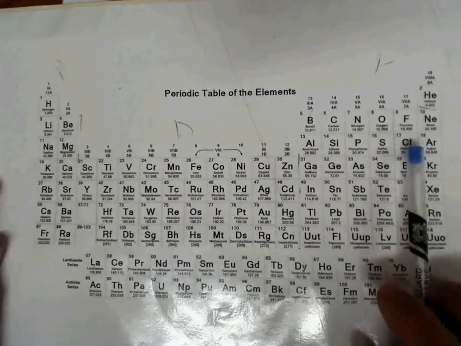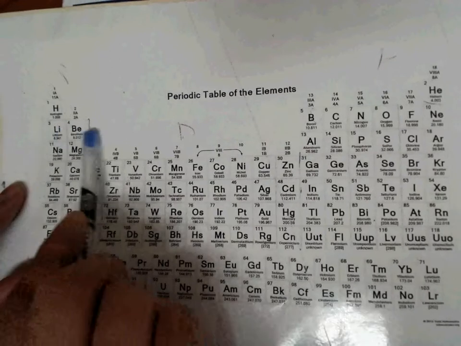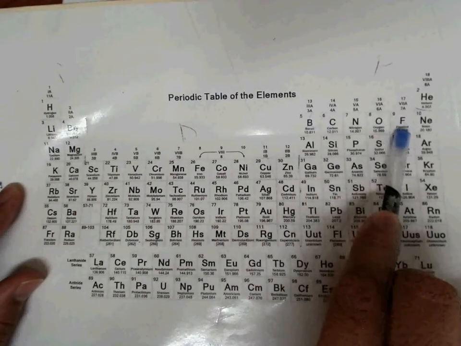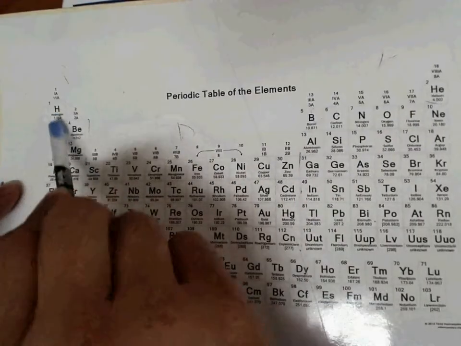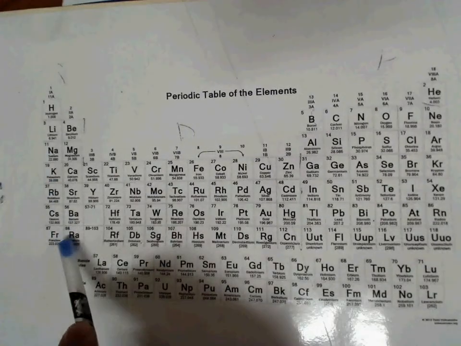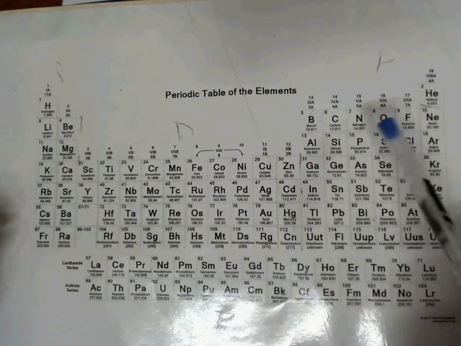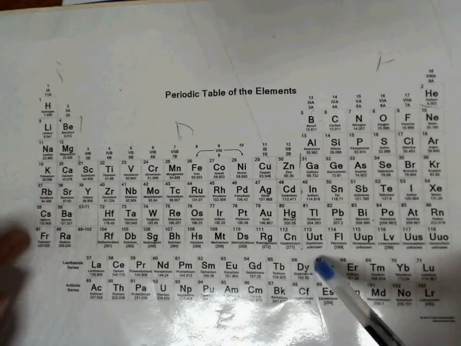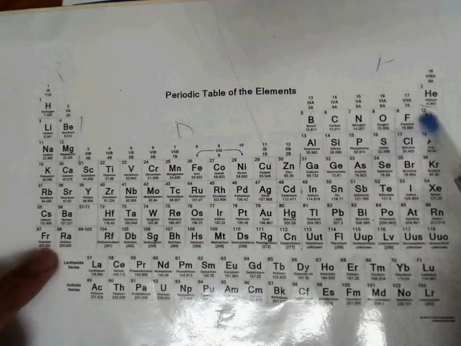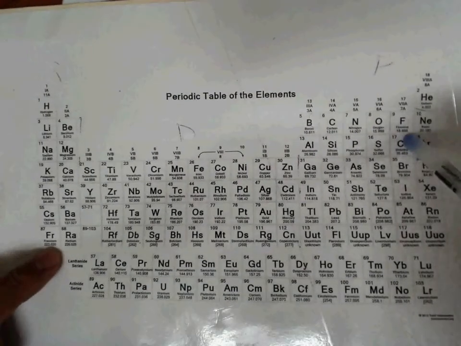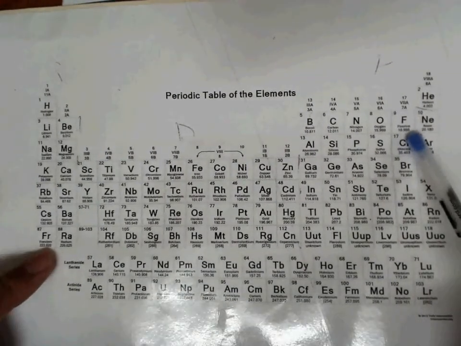So if you recall, the radius gets smaller as you go towards fluorine, and it gets bigger as you go towards francium. So the larger radii are here, and the smaller radii are here. You guys are pretty well on that.